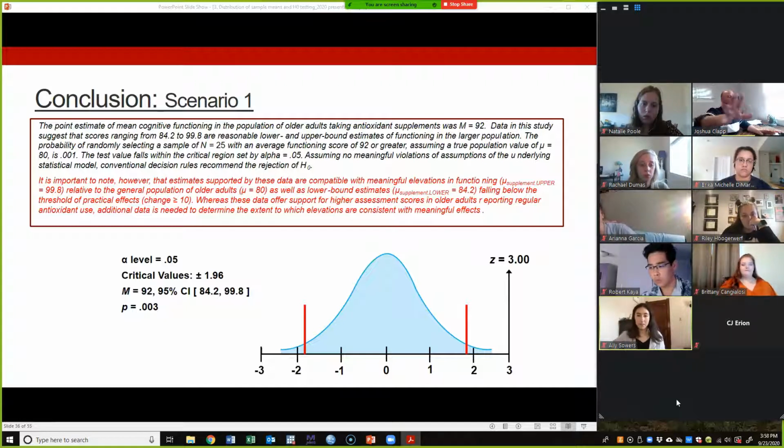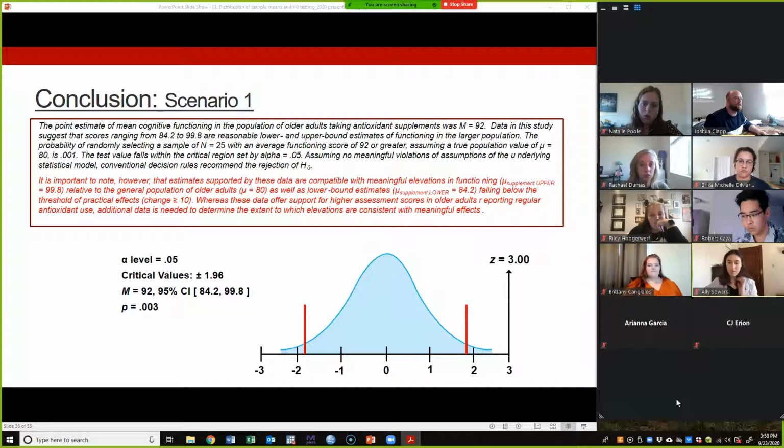Questions about this? Okay. So this can be a hard thing to think about: how do I integrate all this information into some sort of summary or interpretation? I don't want you to use this as a template, and please don't cut and paste this and just swap things out.